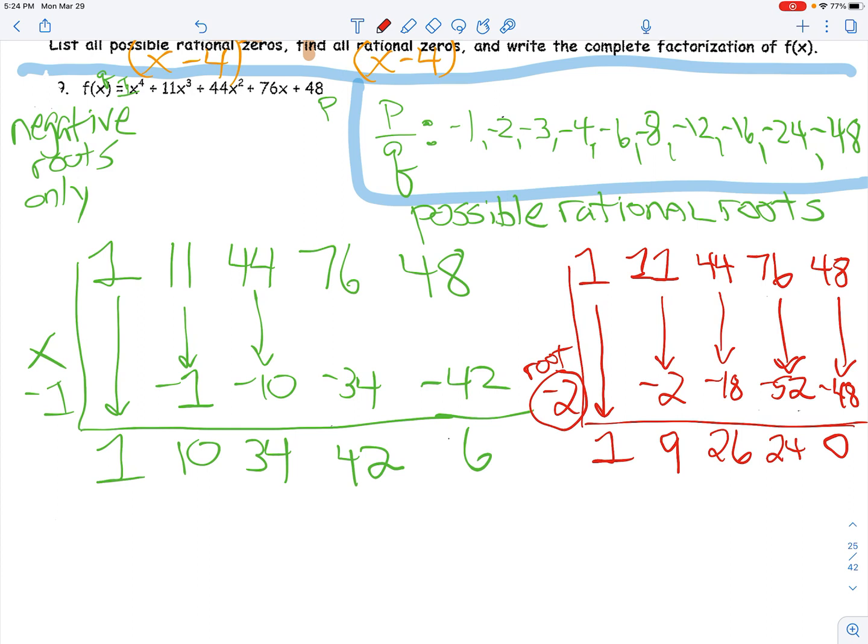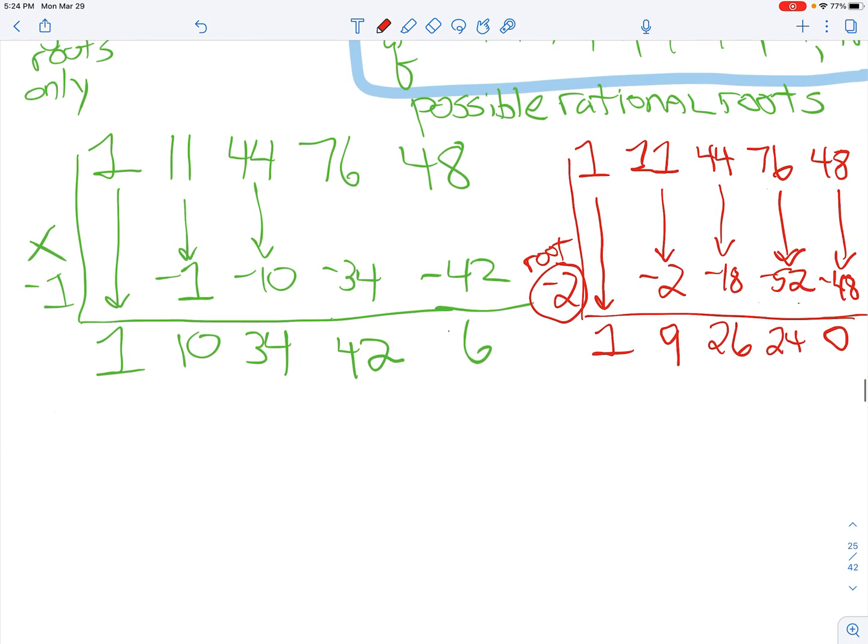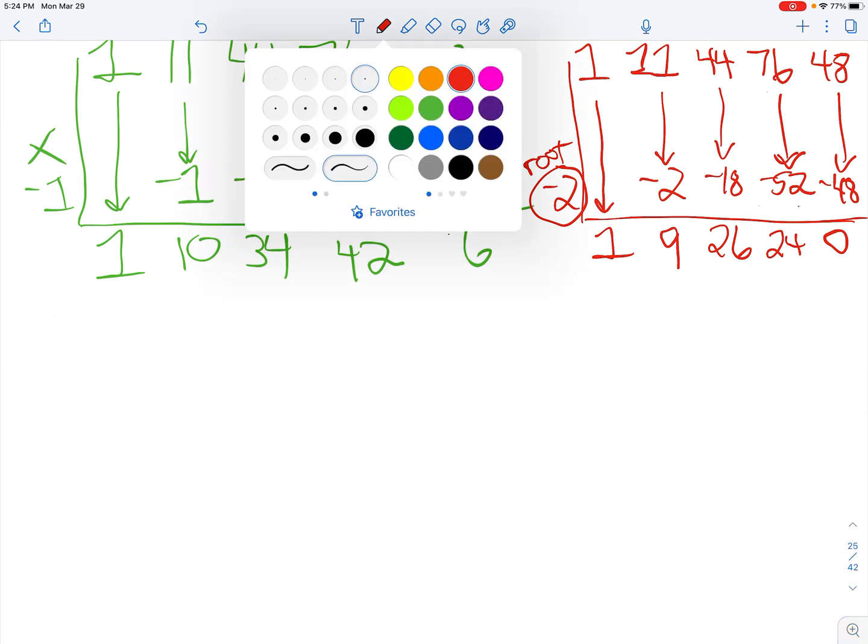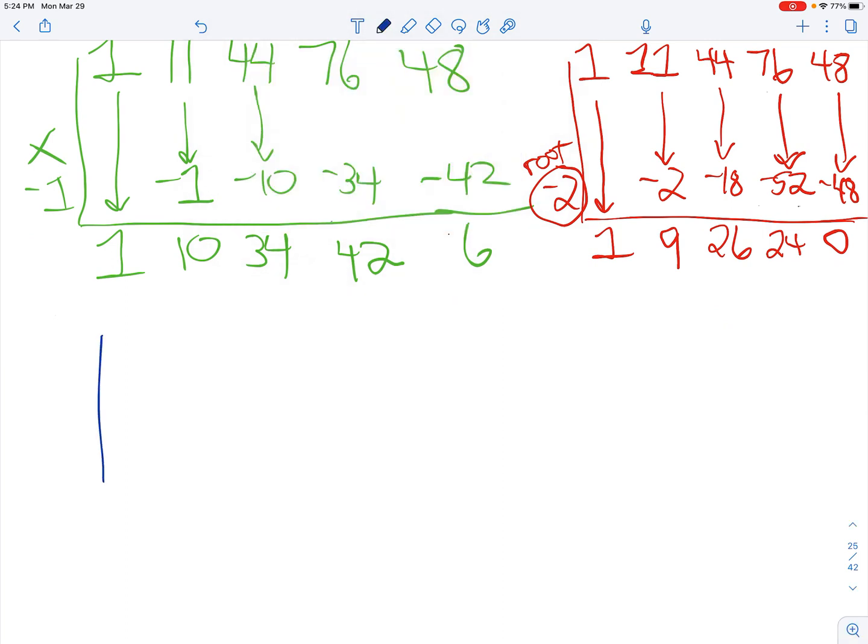And remember, we're going to use the numbers in the last line here. That's what I like to do, chip away at this. All right, to get this down to a quadratic, I like to take the guessing out of this. 1, 9, 26, 24. Do you want to try negative 2 again?